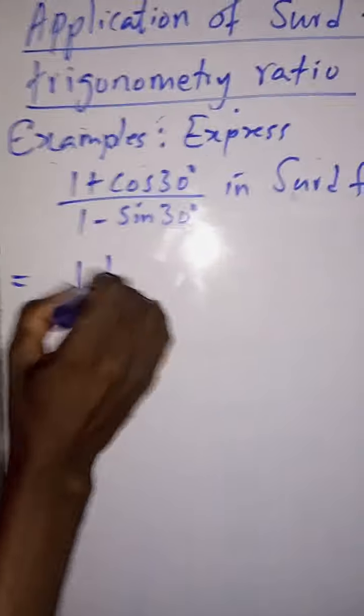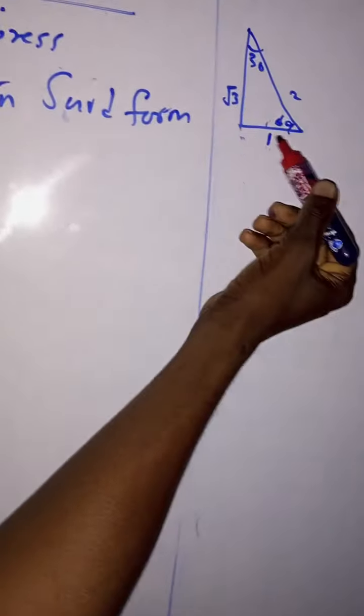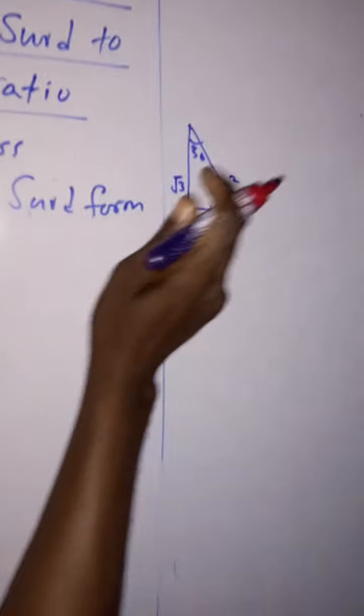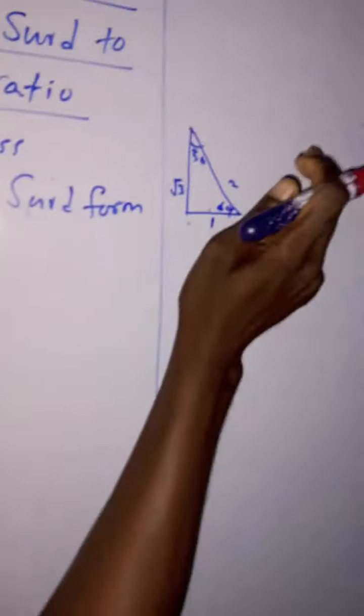This will now give me 1 plus cos 30. We know that cos 30 is adjacent over hypotenuse, which is root 3 over 2.